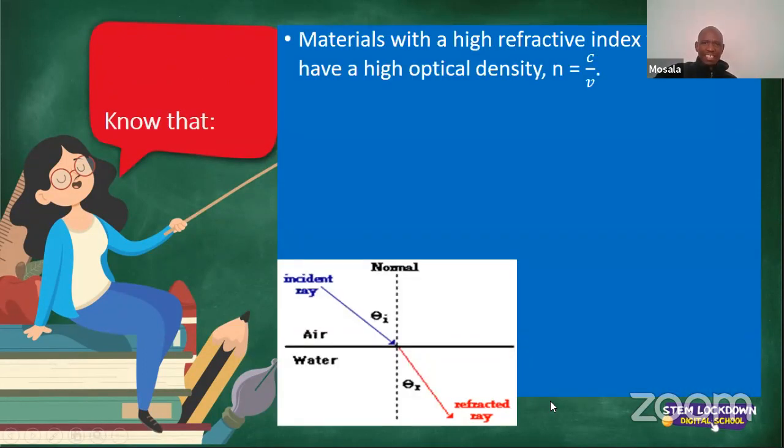Now, remember that materials with higher refractive index have higher optical density, meaning that light will be traveling much slower. So this V will be smaller. And if V is smaller, and C is constant, it means your N, the refractive index, will be larger.